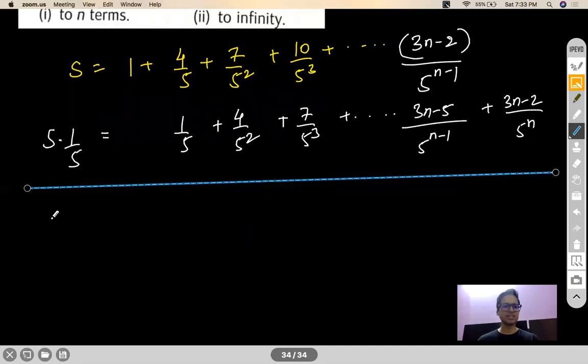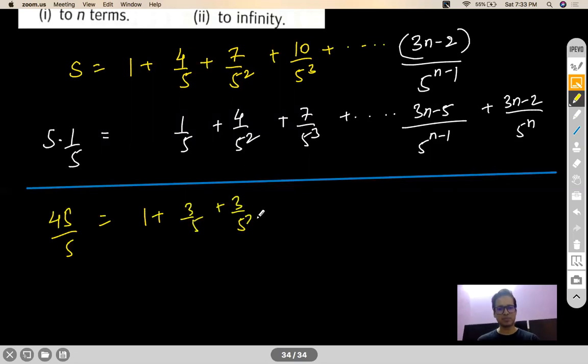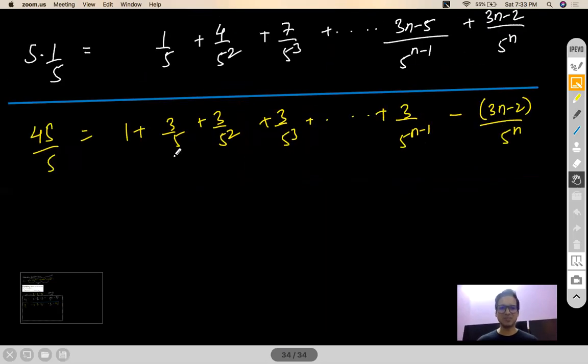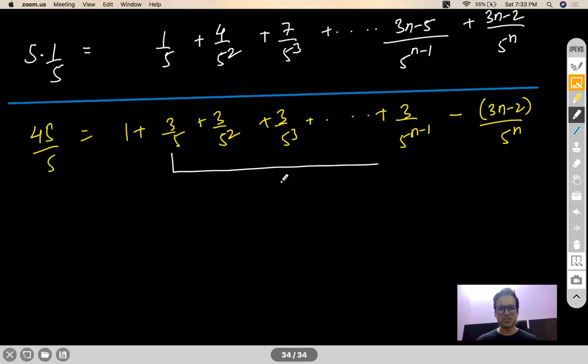When you take the difference, you get 4S by 5. This will give you 1 plus 3 by 5 plus 3 by 5 square plus 3 by 5 cube and so on till 3 by 5 to the power n minus 1, minus (3n minus 2) by 5 to the power n.